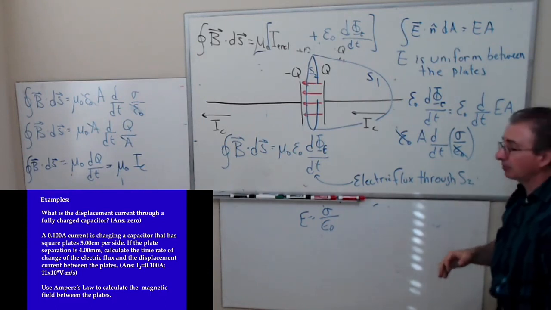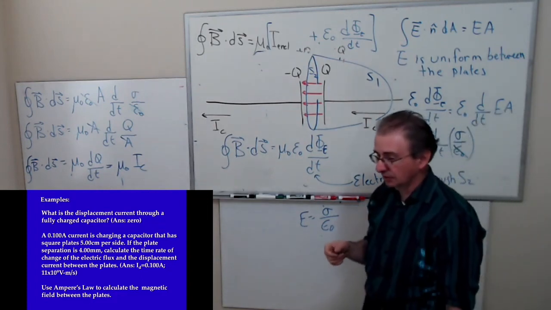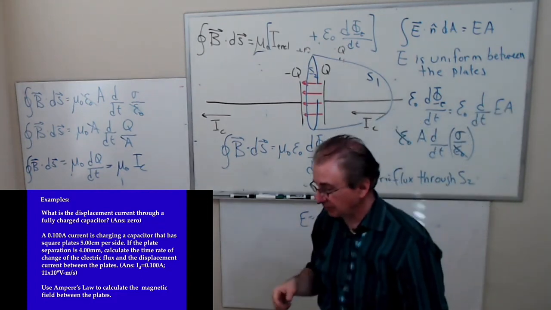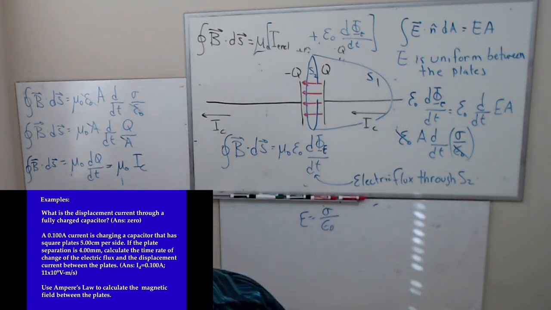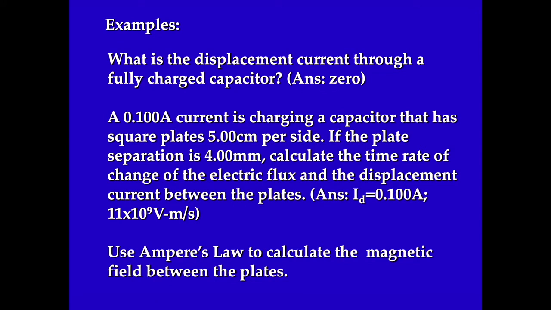And if I have a capacitor that's charging, for example, in the second example here, if I have a capacitor that's charging with a current of 0.1 amp, and we're given a capacitor that has square plates, what is the displacement current?